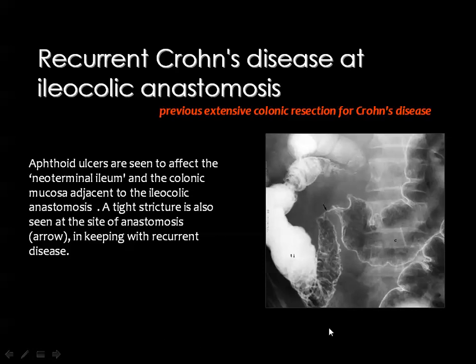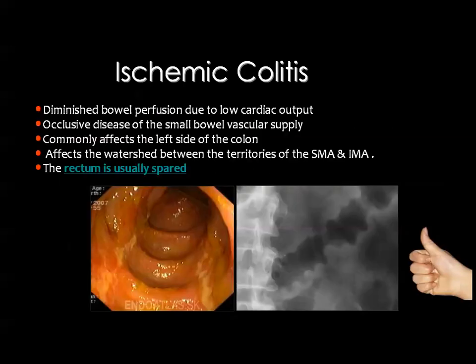At the site of the anastomosis, you see marked luminal narrowing and mucosal irregularity, suggesting that the disease has recurred at the site of the anastomosis. And as I have said, ischemic colitis is one of the lesions which produce thumbprinting in the colon.